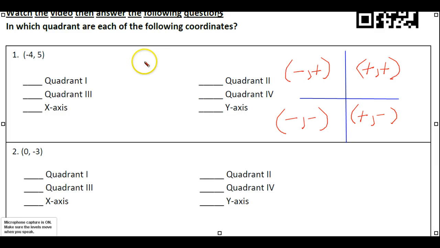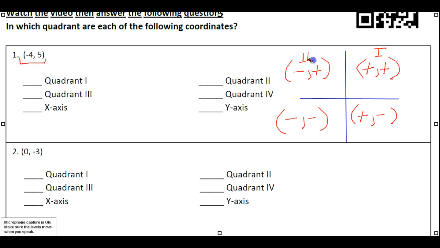As we start our second lesson, we take a look at what's here, and they're asking which quadrant this set of ordered pairs would be in. And we had said in our lecture that if it's the first quadrant, both coordinates are positive.